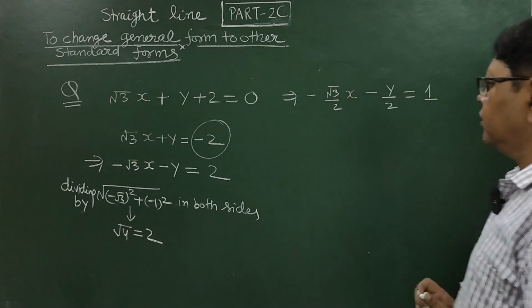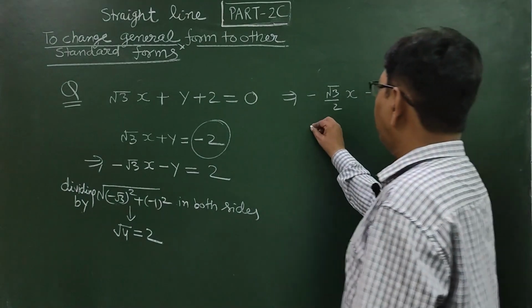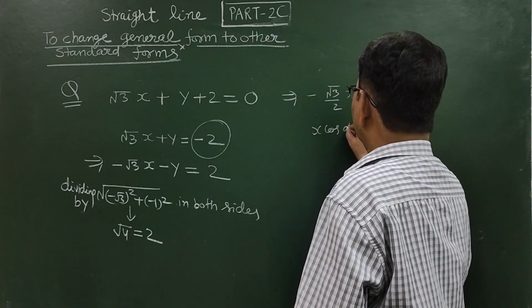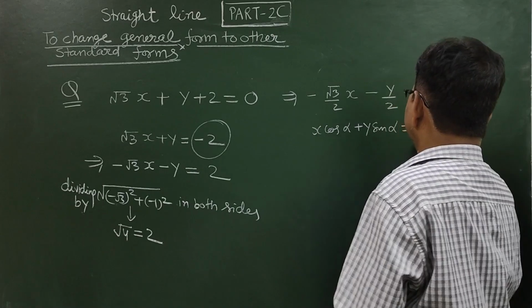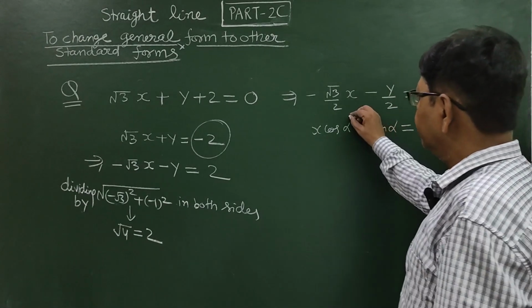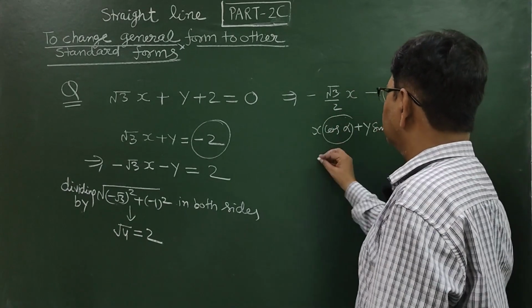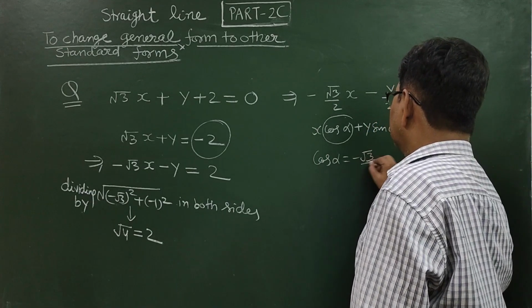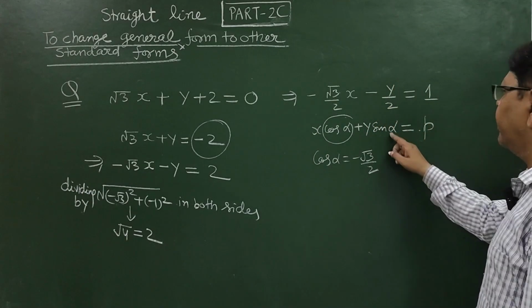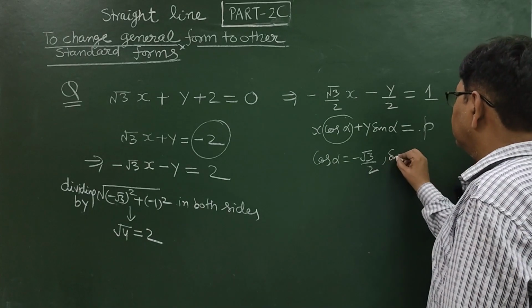Now if I compare this with the form x cos alpha plus y sin alpha is equal to p, then the value of cos alpha is minus root 3 upon 2, and the value of sin alpha is minus 1 upon 2.